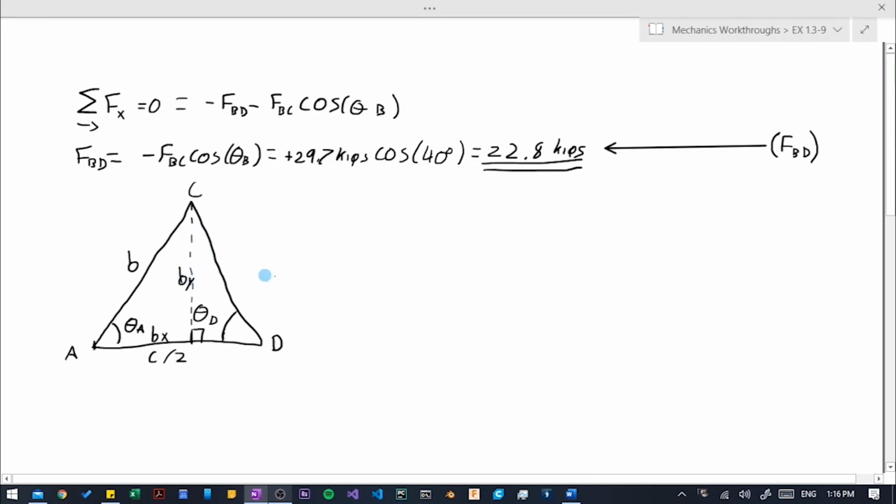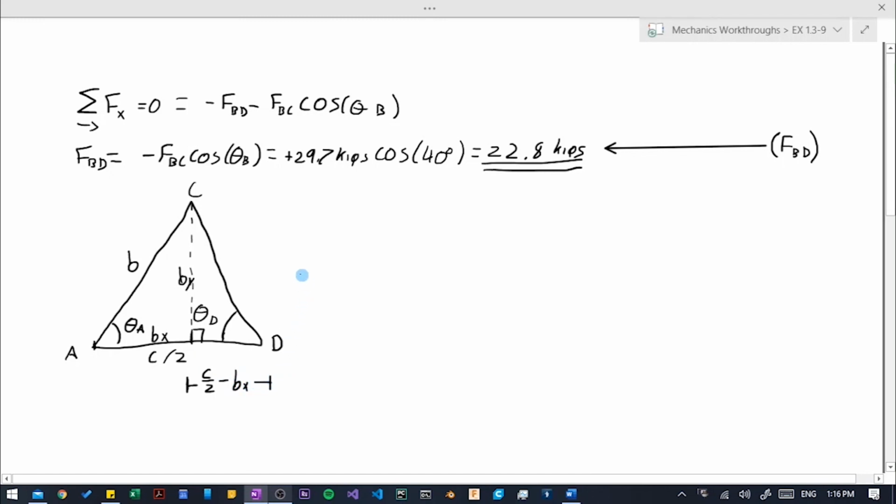So basically we need this side length divided by this side length. This right here is going to be the whole thing minus our BX. So C over 2 minus BX.